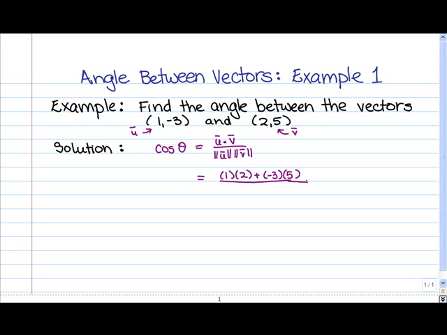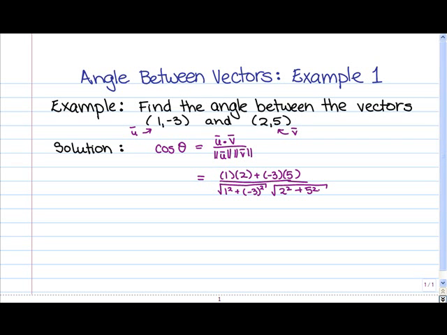Now, for finding the magnitude of vectors u and v, remember that magnitude is the square root of the sum of the squares of the components. So for u, we're going to have 1 squared plus -3 squared, all square rooted. For v, we're going to have the square root of 2 squared plus 5 squared.